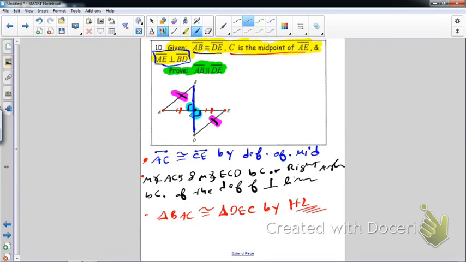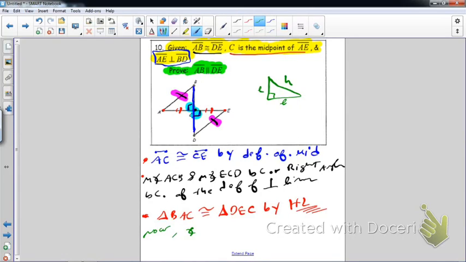So now, all of this is the information that we've talked about. HL means the hypotenuse and leg. Remember, if we have a right triangle, this is a leg, and this is called the hypotenuse.